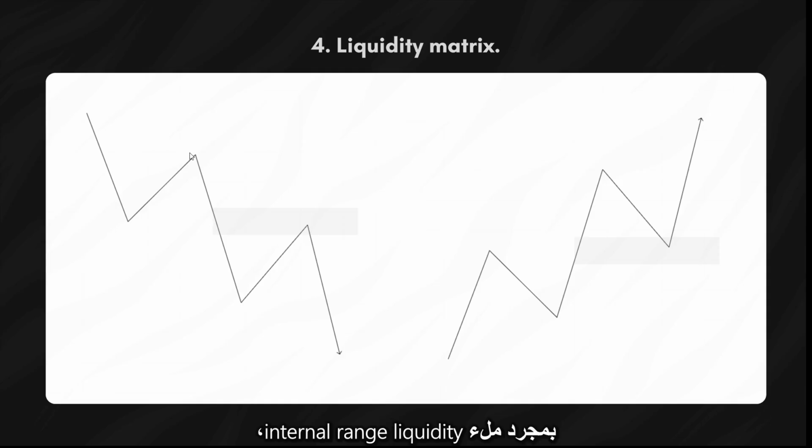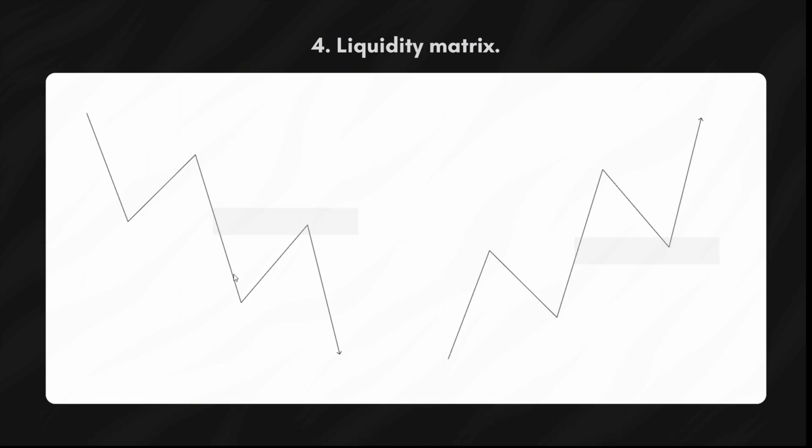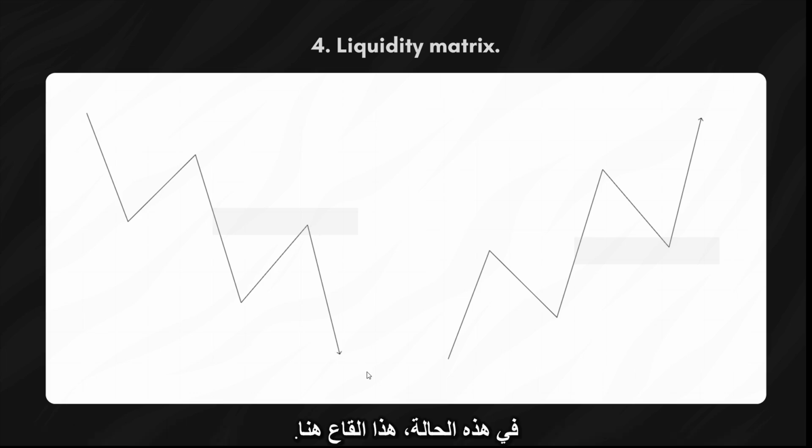Once internal range liquidity has been filled within an expansion profile or within a dealing range, that's when the retracement profile completes, and after that we begin a new expansion profile, and with that expansion profile our objective is to take out external range liquidity, in this case this low right here.